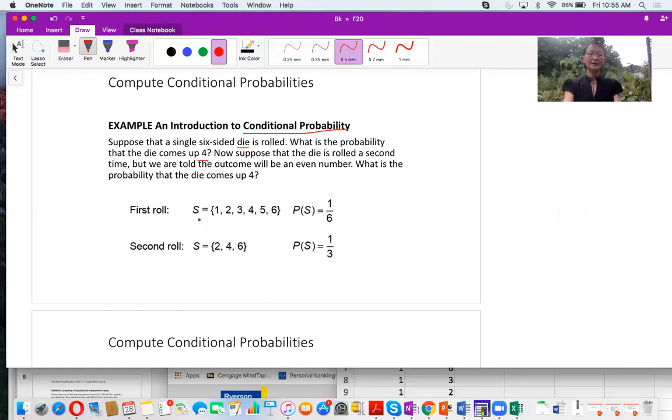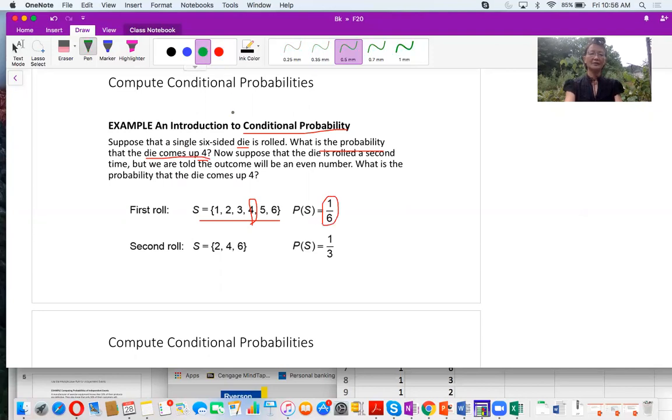So first, we list the sample space. When you throw a die, the sample space is 1, 2, 3, 4, 5, 6. And number 4 occurs just once, so you use 1/6. That is the answer. The probability that the die comes up with number 4 is 1/6.